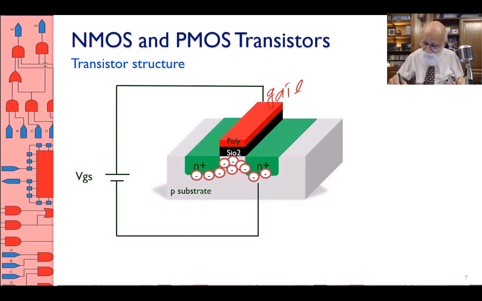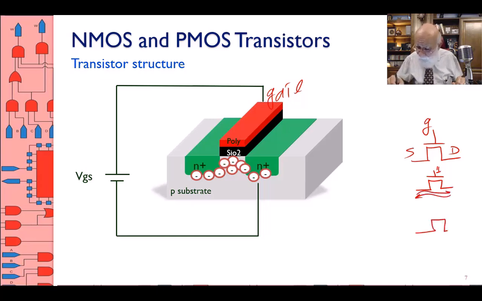This transistor looks like this. This is the gate. This is, I think we call this one drain. This is the source. When there is a positive voltage on the gate, the transistor conducts. What it means is, when I have a 1 here, the transistor conducts both ways.